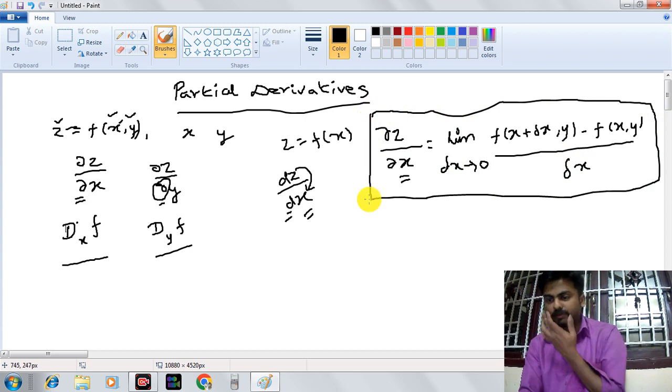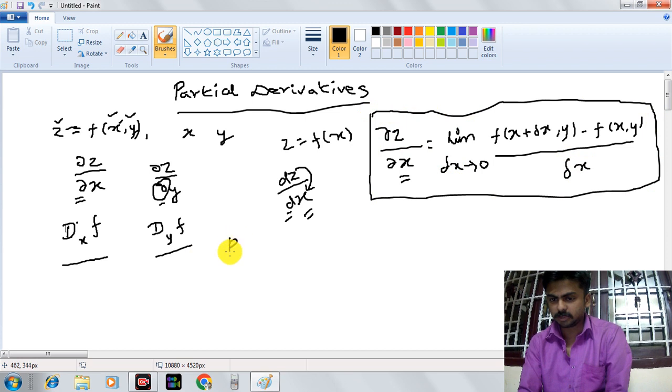In this we have some notations, denoted by p, q, r, s and t. P means dou z by dou x, that is the partial differentiation of z with respect to x.